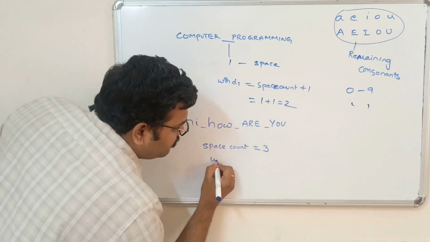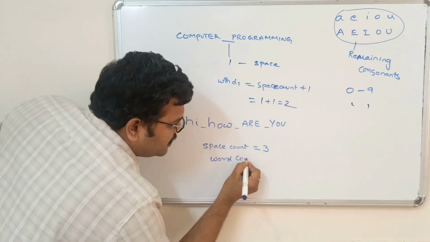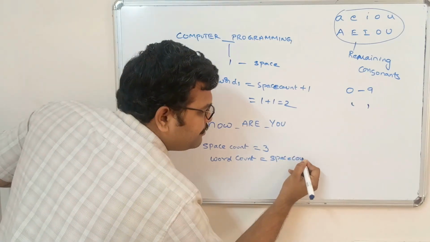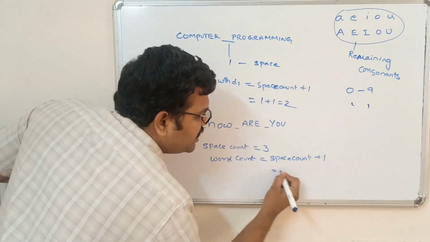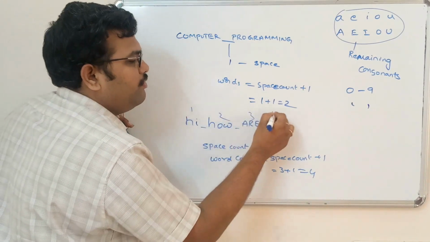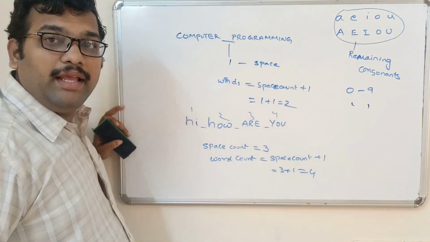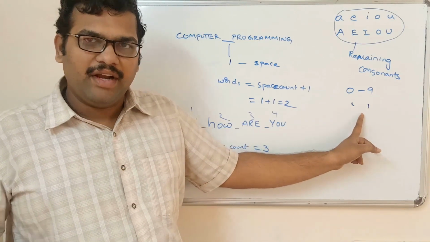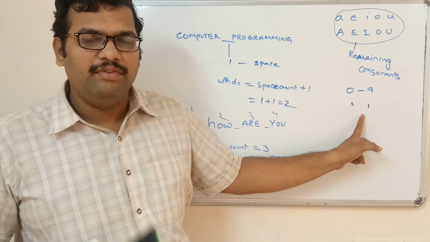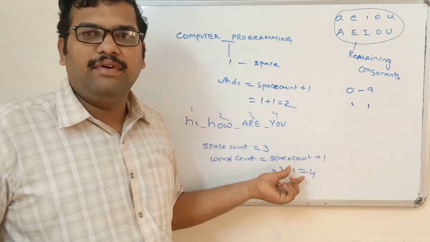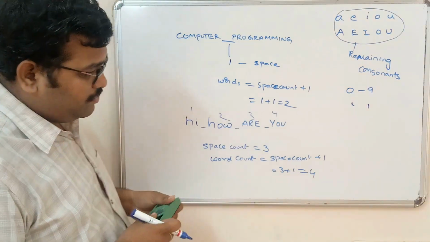The space count is 3, so the word count is equal to the space count plus 1, that is 3 plus 1, 4. So 1, 2, 3, 4. Like this, first we count the spaces, and after getting the space count we just add 1 to it so that we get the word count.